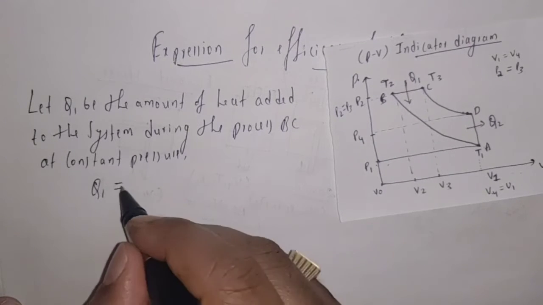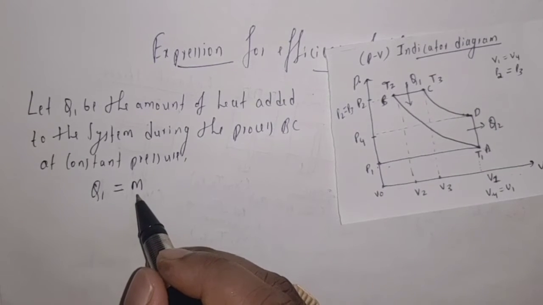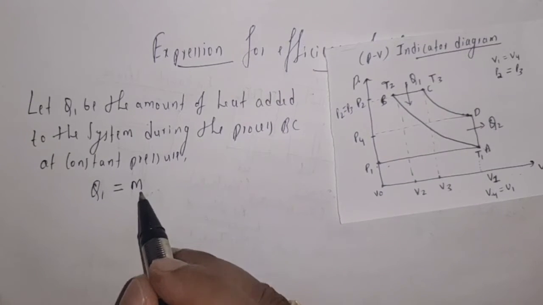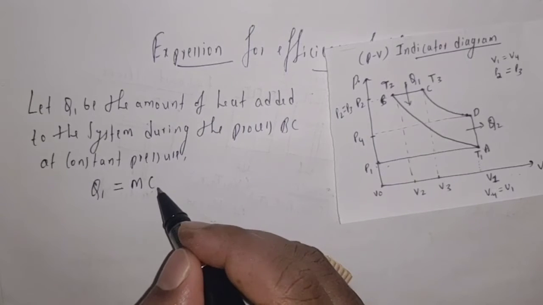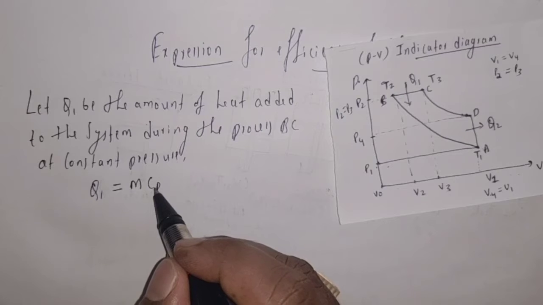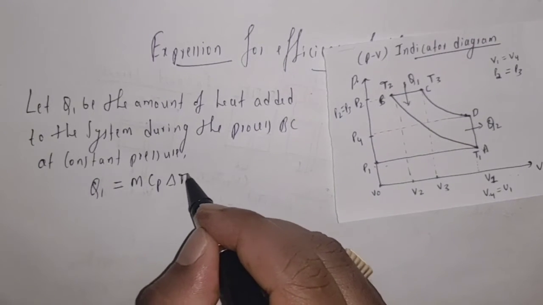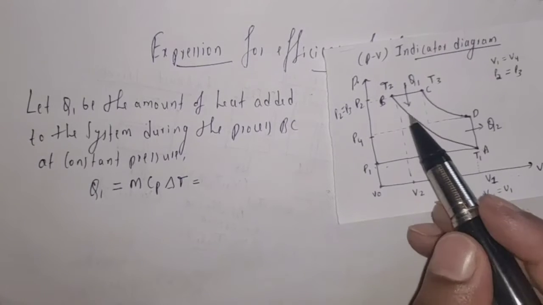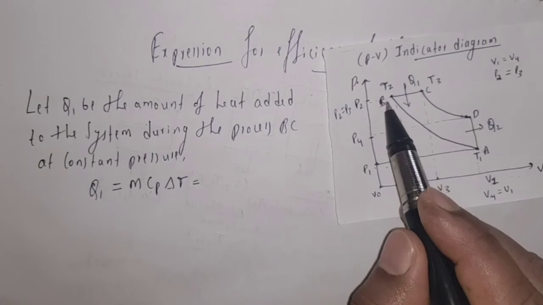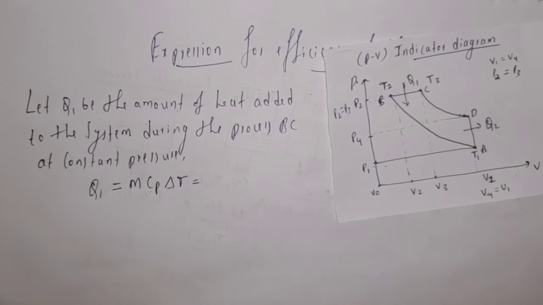That is, Q1 is equal to m, where m is the amount of working substance added to the system, into Cp, the specific heat capacity at constant pressure, into delta T. Here delta T is the temperature difference, that is T3 minus T2.